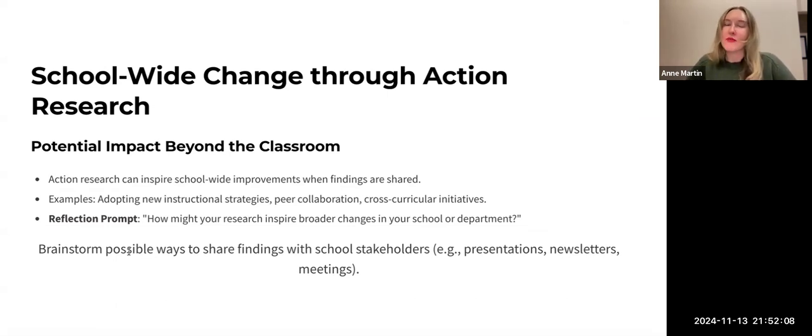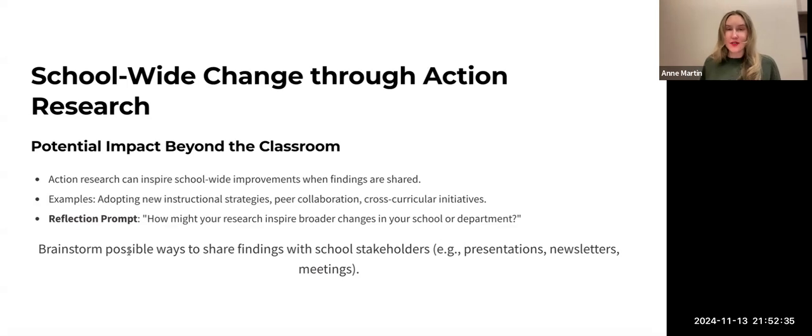I know a lot of you have mentioned already sharing or planning to share with your teams or members of your school community. So that's one way that you can have a greater impact with your action research. Please share how you are planning to share your results, or if you already have. And sometimes that can inspire another research project or a collaboration.